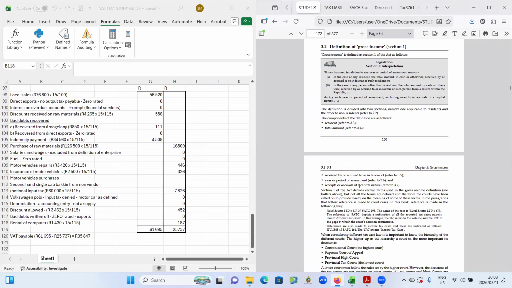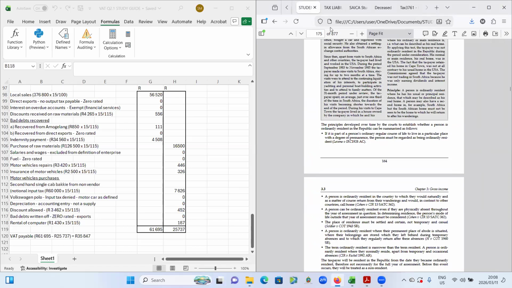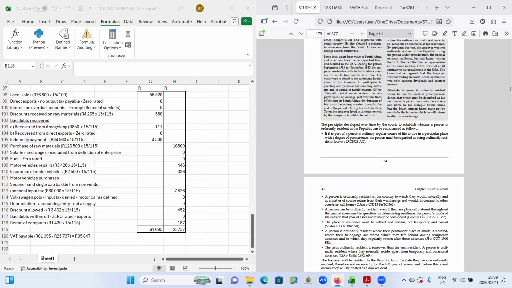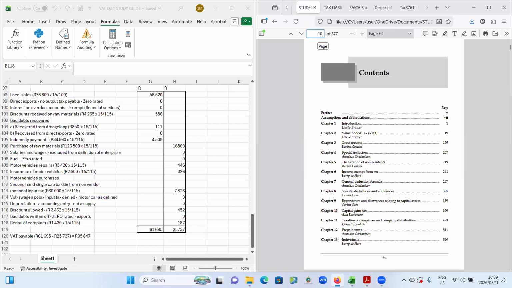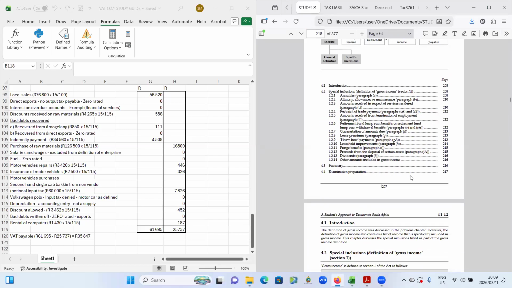You need to understand the definition of gross income, which amounts must be included in gross income, and the special inclusions in gross income. That's what we'll be discussing next week. It's a theory topic and you need to understand it.